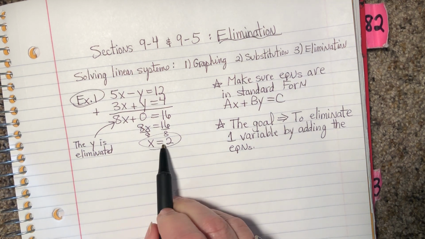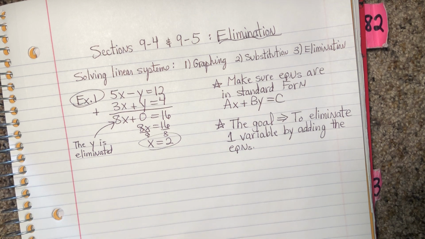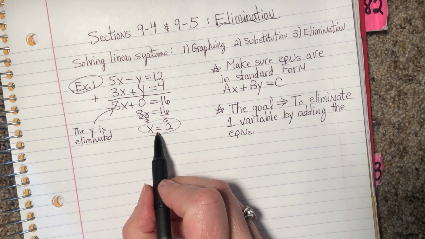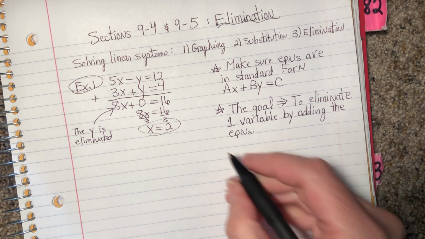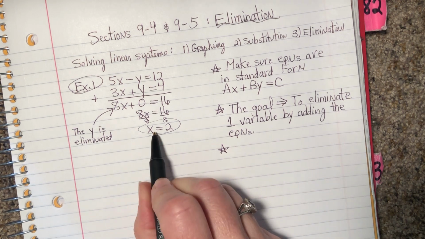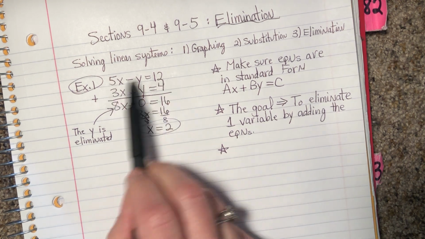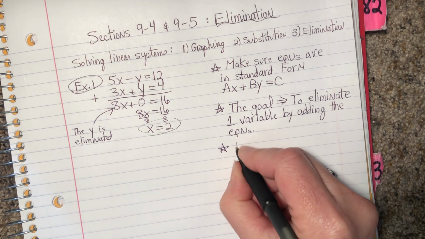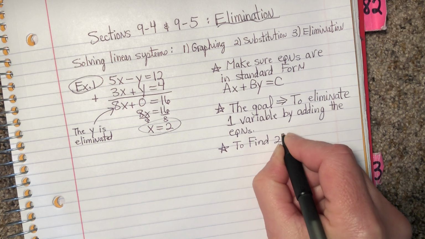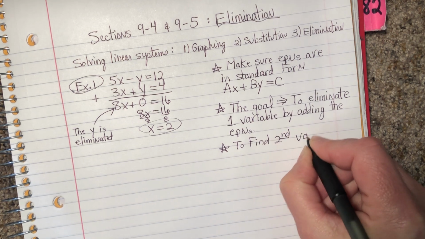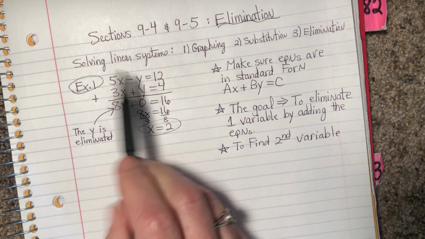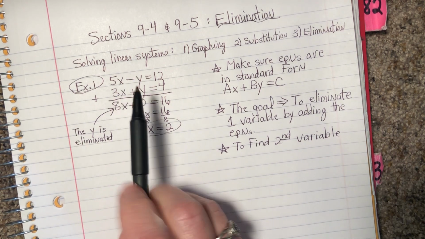Okay, so now I have x is 2. That's half of our answer because this is going to be a point, and we need an x and a y. To find the second variable, you're going to plug the x into one of the two starting equations. Sometimes you eliminate the x first, then you're finding y.